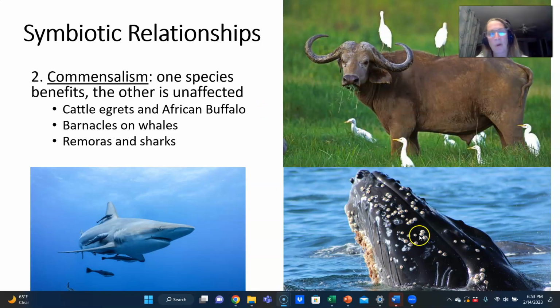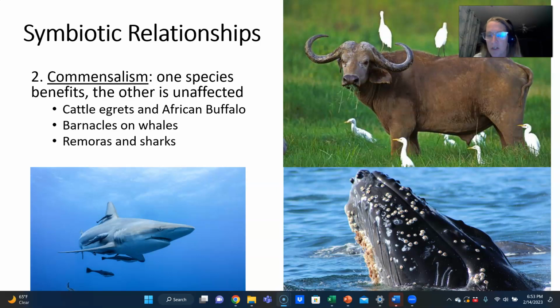Another example is barnacles on whales. So this is a humpback whale, and you can see little barnacles that are growing on the outside of the mouth of the humpback whale. And barnacles are a type of crustacean. They're actually kind of closely related to crabs or shrimp. And they don't harm the whale in any way, but as part of the commensal relationship, the barnacles get a stable place to be established.